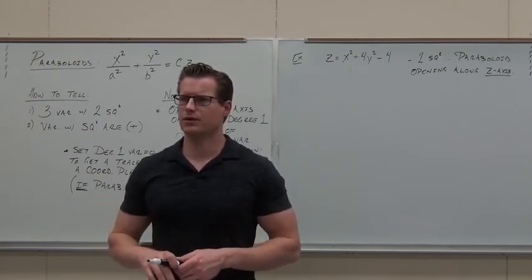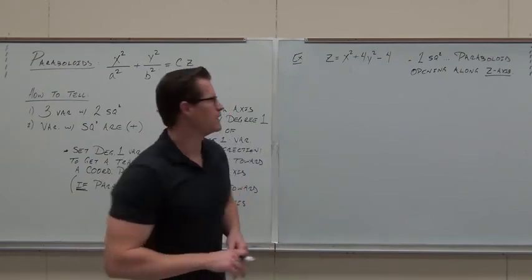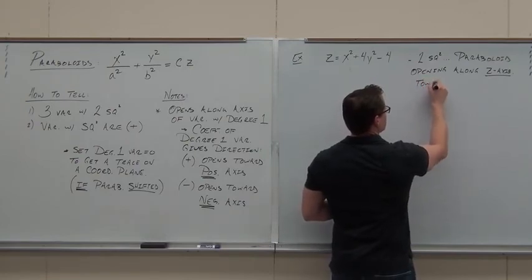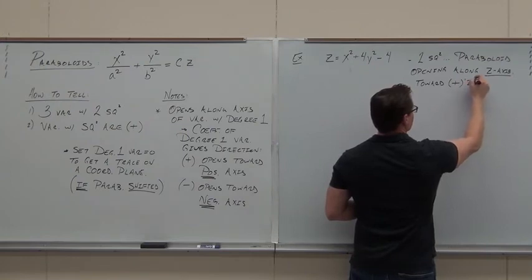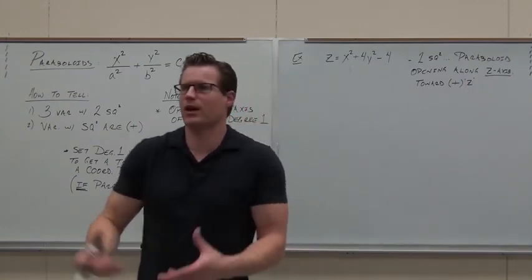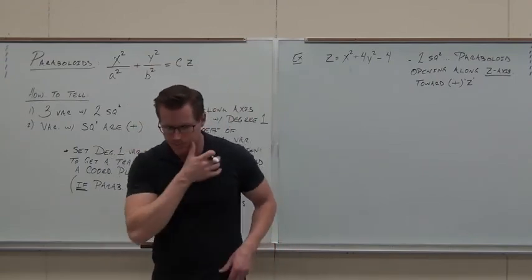What do you think? How can you tell that? Just the coefficient right in front of it. Toward positive z values, toward positive z axis, however, you're opening upward if you want to. I don't really care, as long as we get that picture down in our head.